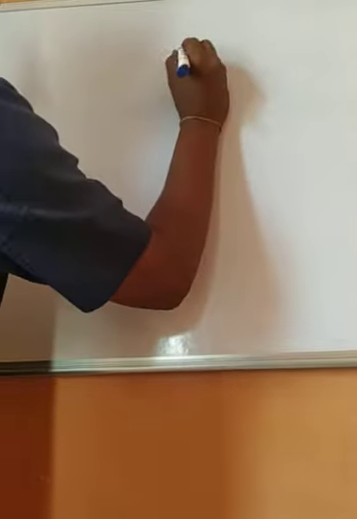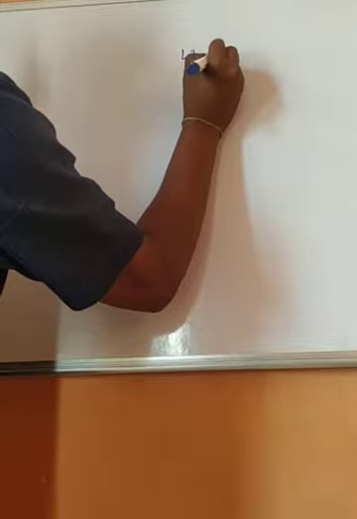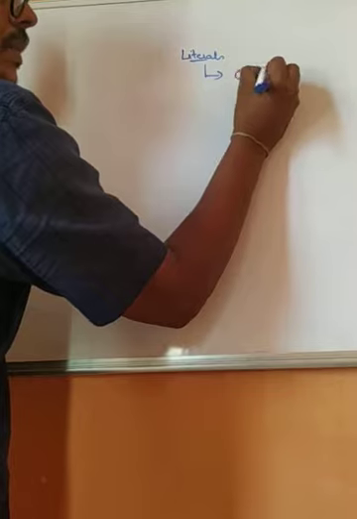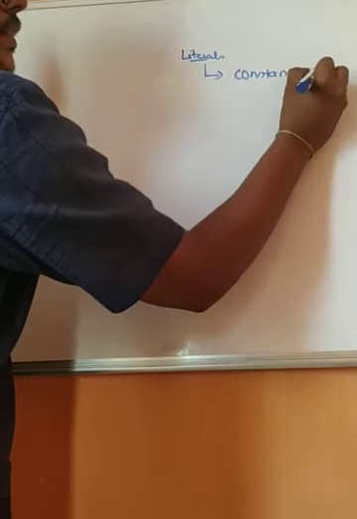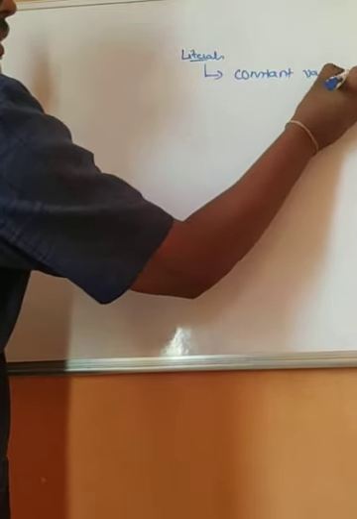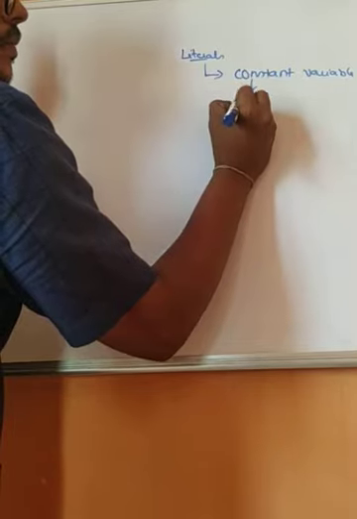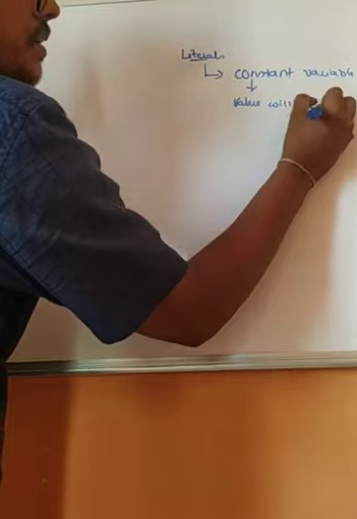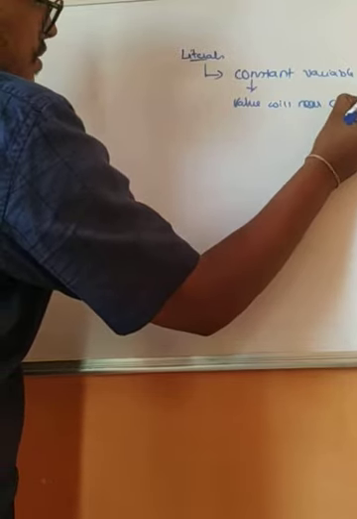Literals is nothing but another way of representing a constant variable. So we call it a constant variable. What is a constant variable? The value will never change till the program ends.